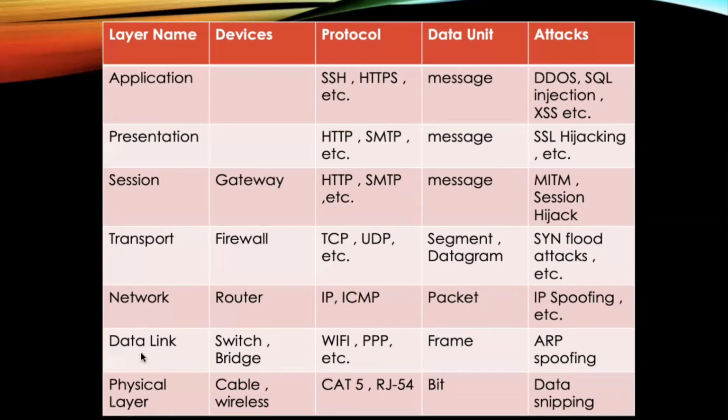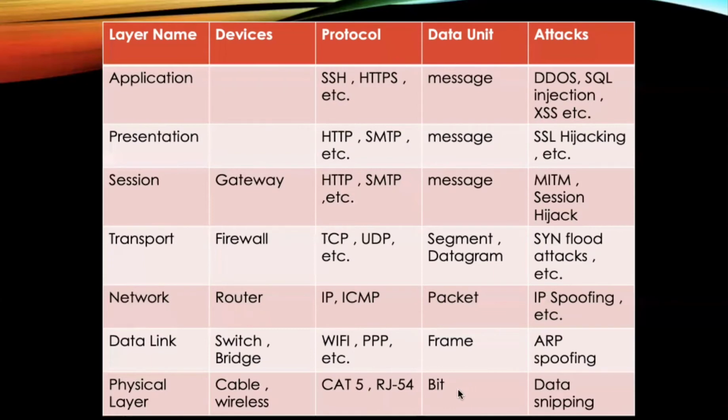Next, we have the data link layer, but before that, let's go through the devices and protocols on the physical layer. The protocols used in the physical layer are Cat5 and RJ45. And the data in this physical layer is called a bit.